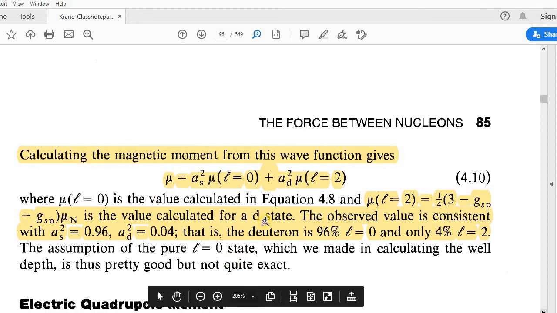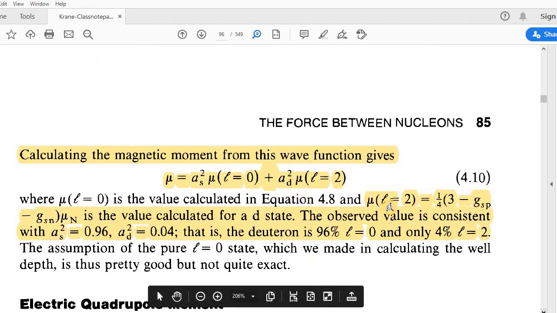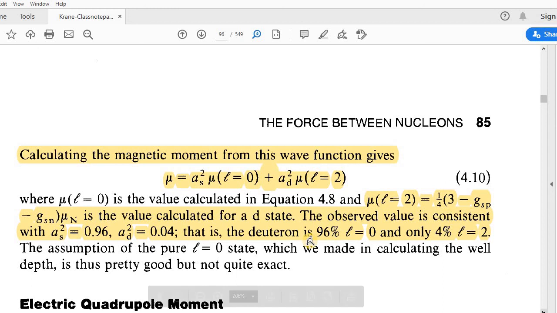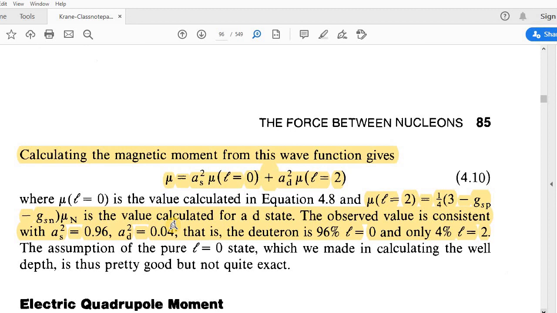Calculating the magnetic moment from this wave function gives mu equal to AS square mu of L equal to 0 plus AD square mu of L equal to 2, which is equal to 1 by 4 times 3 minus GSP minus GSN into mu n, the value calculated for a D state.